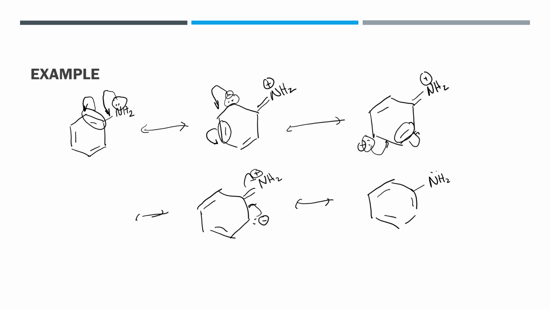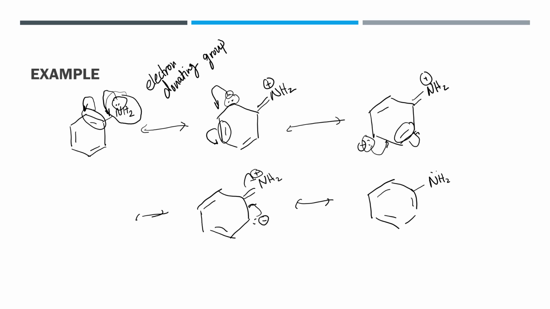Okay, so what is useful about resonance in this case? I'll just give a little taste of why this is important, right? So this group here, our NH2 group, because we have a lone pair on our nitrogen, we call this an electron donating group. And why do we call it electron donating group? It's a little bit self-explanatory, right?